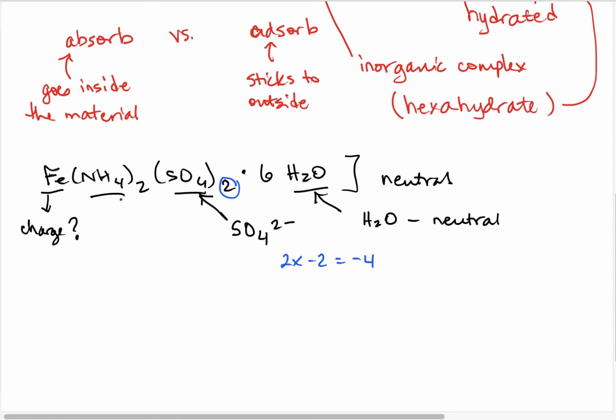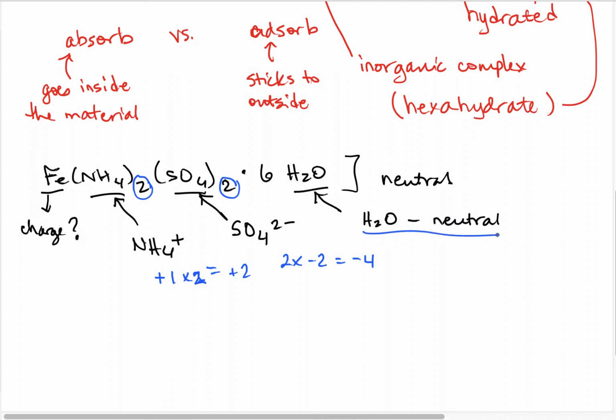How about this guy? This is the ammonium ion, NH4 plus. And there are 2 of them. So we have +1 times 2 is equal to +2 so far. And so let's review.